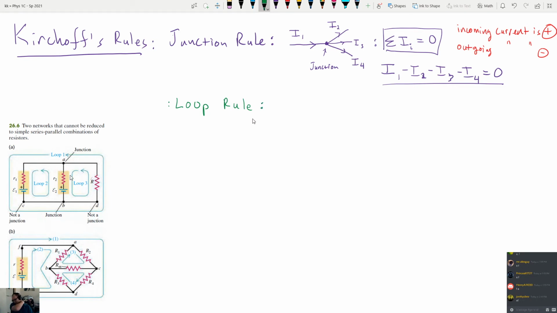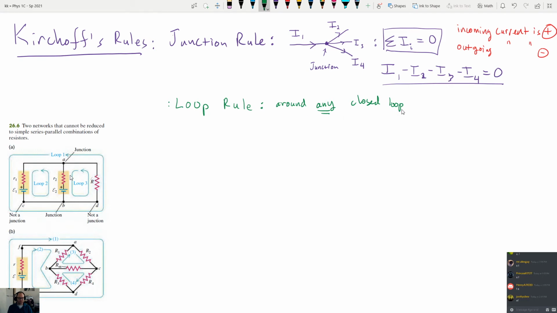that if I can draw a closed loop within my circuit, then around any closed loop, any loop that you choose to draw within your circuit, you can kind of see what loops are if you look at these pictures here, but I'll define more clearly what I mean by a loop.